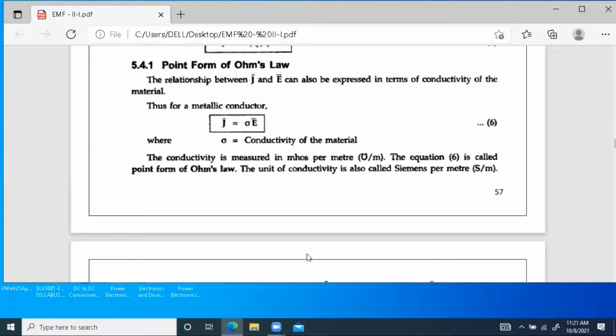How do we come by that? I mean, how do we come to the equation, sir?